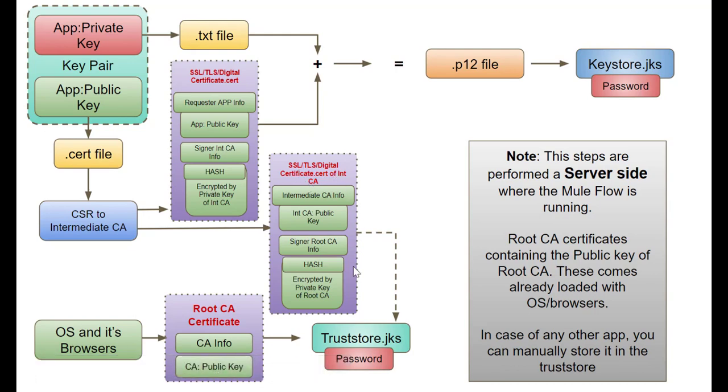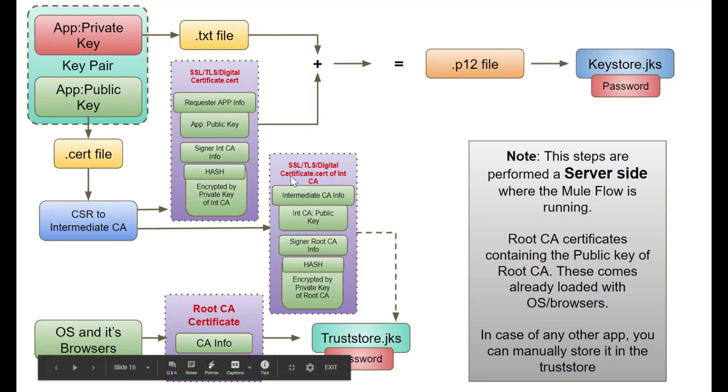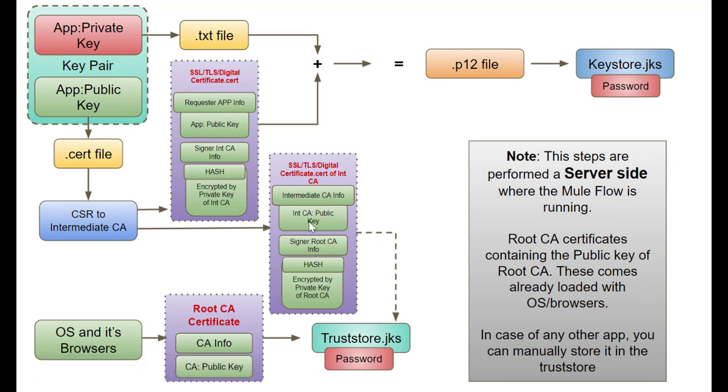So once this digital certificate is trusted, the public key of the intermediate CA would be retrieved by the application, right? And this public key would be used to decrypt the hash value in the application-specific digital certificate. In this way, the two certificates would be verified.